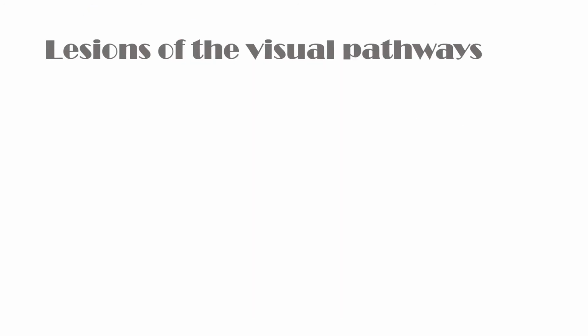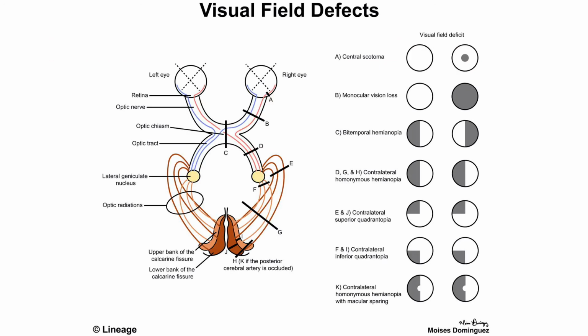Now let's talk about some lesions in the visual pathway. So depending on the area of the visual pathway that the lesion has occurred, the patient will have different vision patterns.